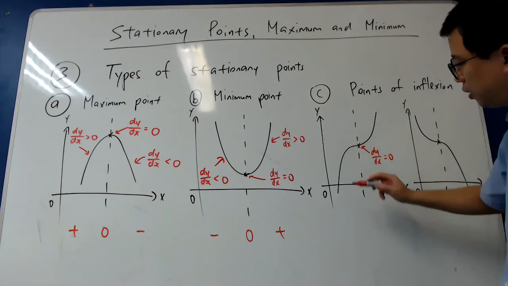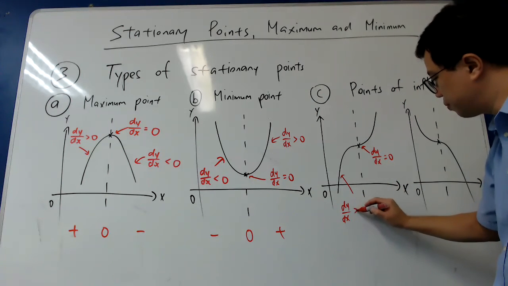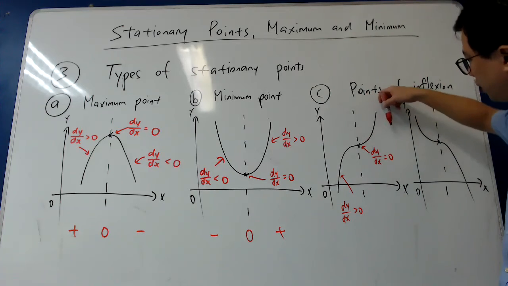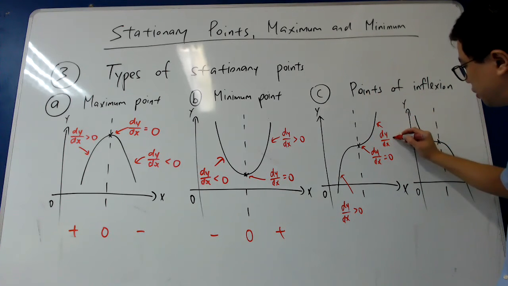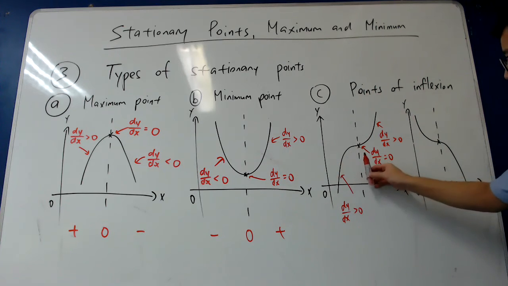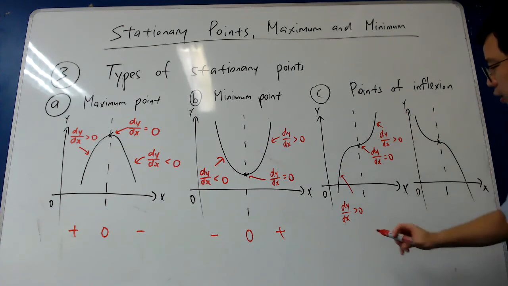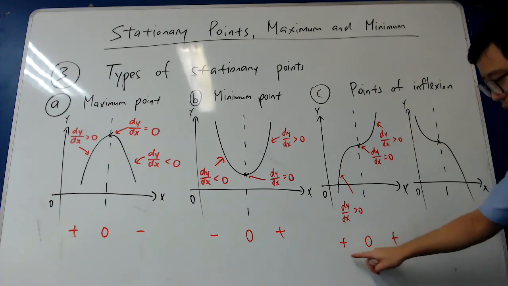Before the point, the gradient is positive. After the point, the gradient is still positive. So from before the point to the point to after the point, the gradient changes from positive to 0 to positive. Same sign.